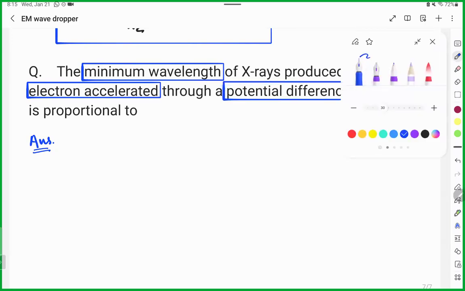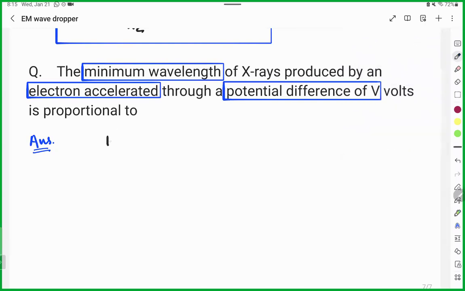If you correlate with this, here your kinetic energy will convert into the potential energy, and when it is moving, then E will be equal to h nu or hc by lambda, correct?